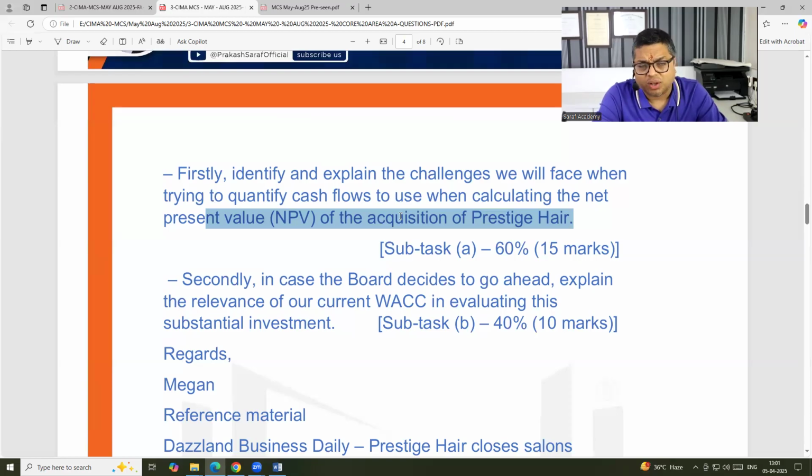So before putting in our bid, before competing with others, we should analyze the situation. We will see the assets Prestige has and the market value of those assets. Based on that, we can estimate a proper initial investment amount so that our investment appraisal will not go haywire.